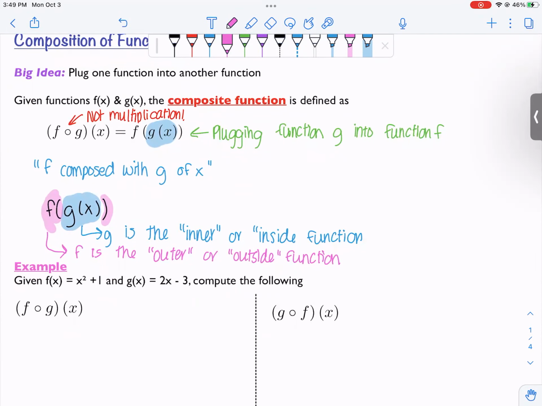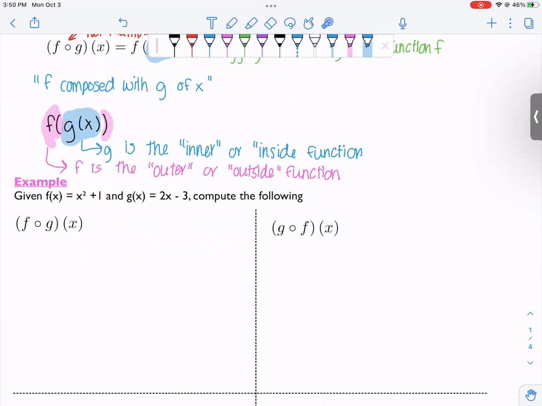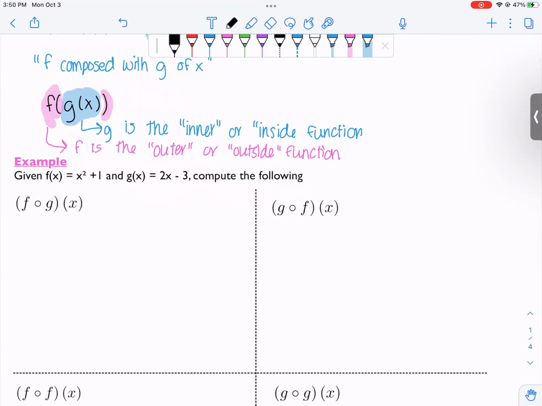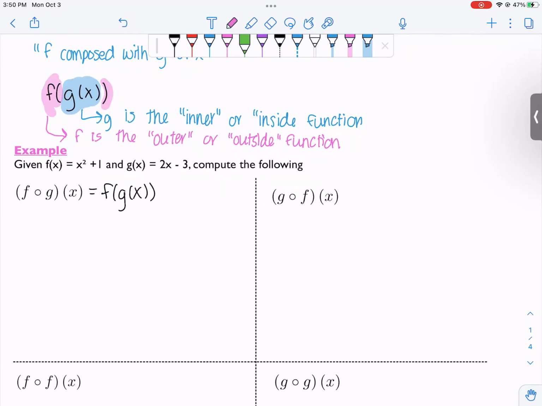So let's do a few examples here. We're given two functions, f of x equals x squared plus 1 and g of x equals 2x minus 3, and we are going to compute a few different compositions. So here, f composed with g of x, that's the same thing as f of g of x. And let me do a little bit of highlighting here.